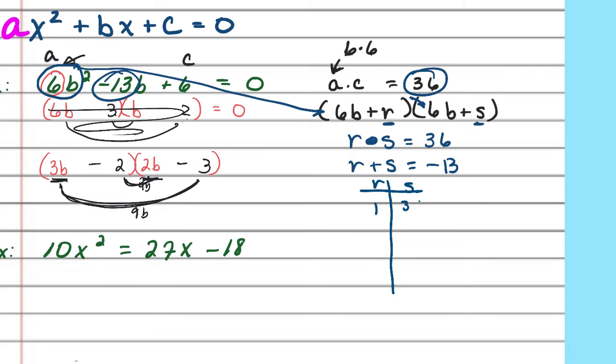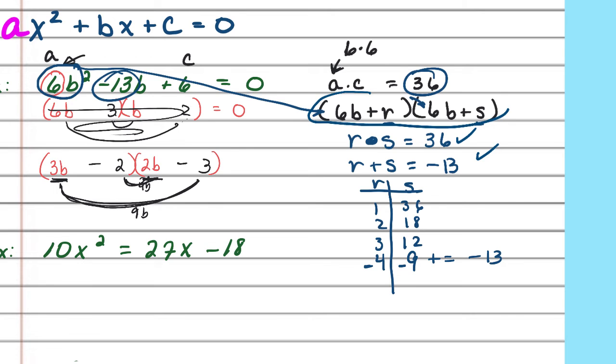See here, 1 and 36, 2 and 18, 3 and 12, 4 and 9. There's a pair, 4 and 9. They add up to negative 13 if they're both negative. And they multiply to positive 36.